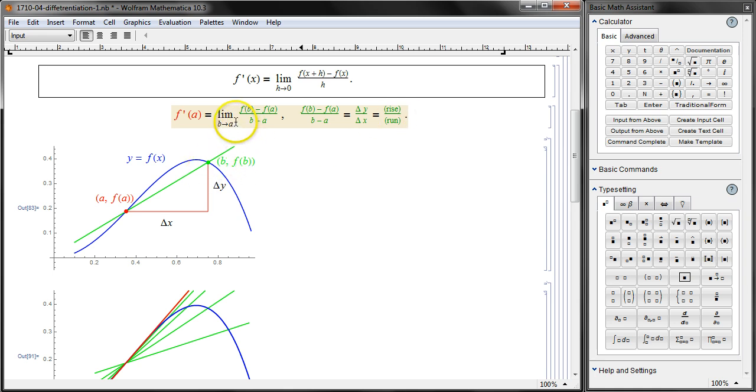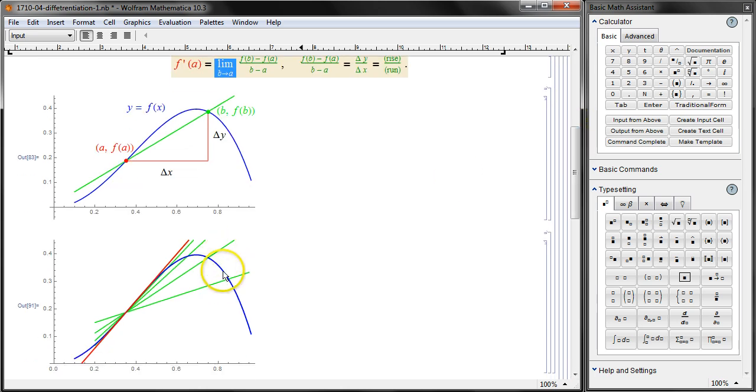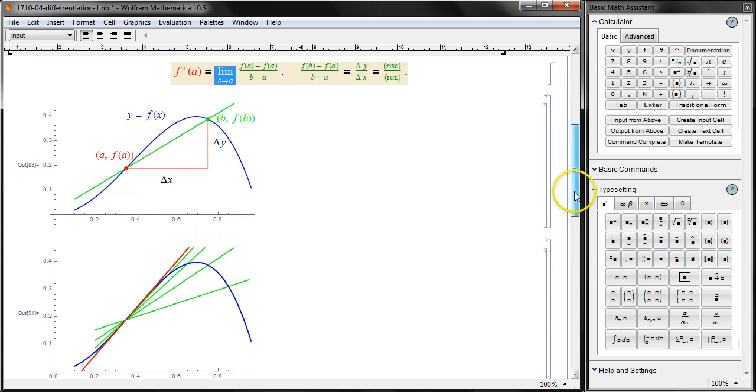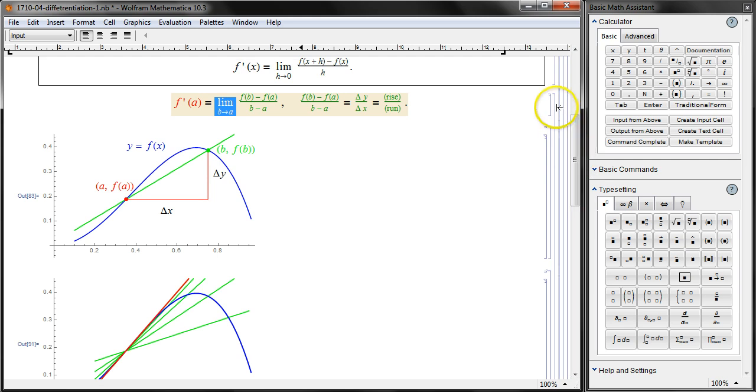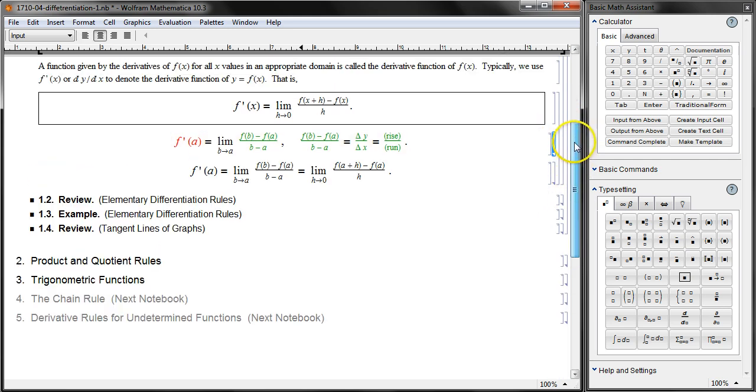Now if I take the limit, which means this point is getting closer and closer to the original red point, basically we are looking at this kind of situation where all these green secant lines are converging into the red tangent line, and that's the derivative.